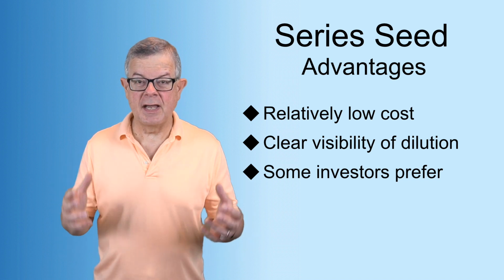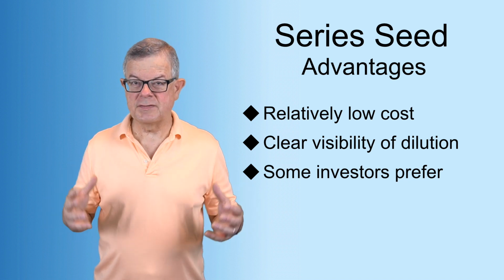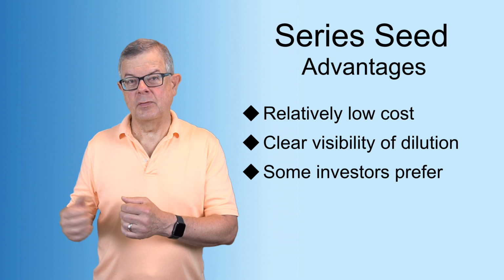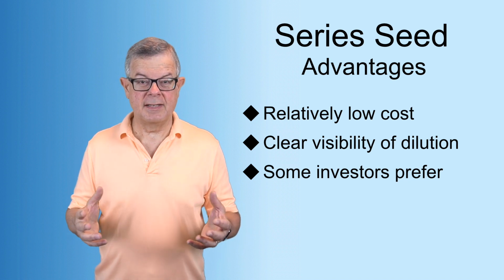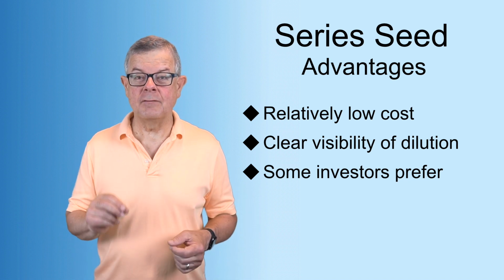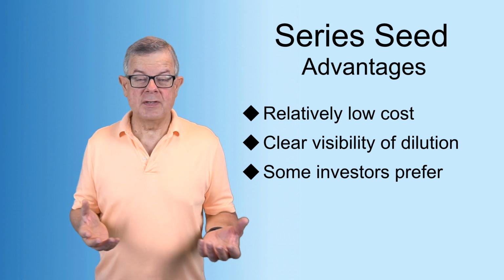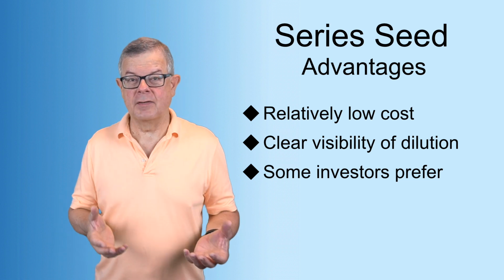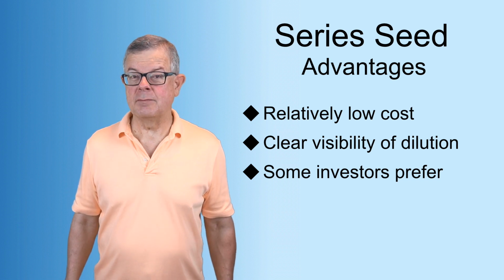You know exactly, with the stock options included, what's your pre-money value, what's the investment, what percent will the investors own, and what percent will the founders own at the end. And there are some investors that will prefer doing an equity investment as opposed to a convertible security, for similar reasons. They know exactly what part of the company they're getting in the investment round. So those are some of the pluses.